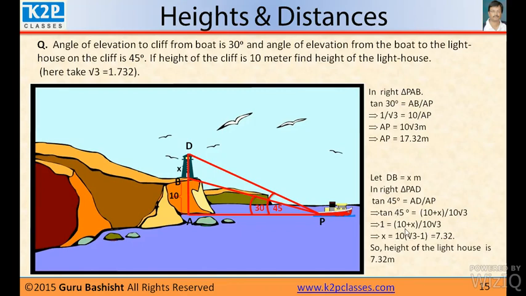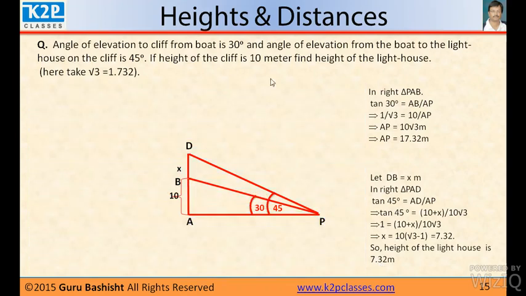So 10 plus X equal to 17.32. If you solve this, X equal to 10 root 3 minus 10, that is 7.32. So the height of the lighthouse is 7.32 meter.